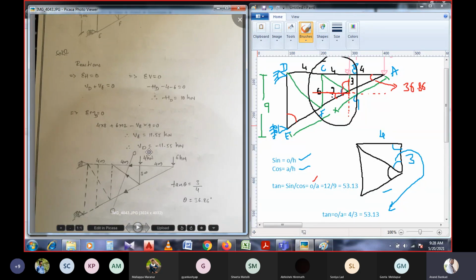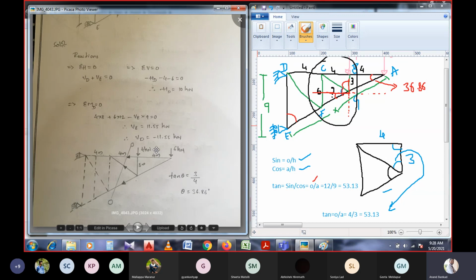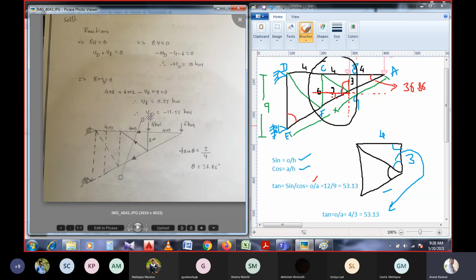So once the reactions are known, the next procedure is to take the section at the particular load over here. If you take the section for this, that section should pass through a maximum of 3 members. And in the question it is asked to calculate the forces in the members BC, GC and GF, right?